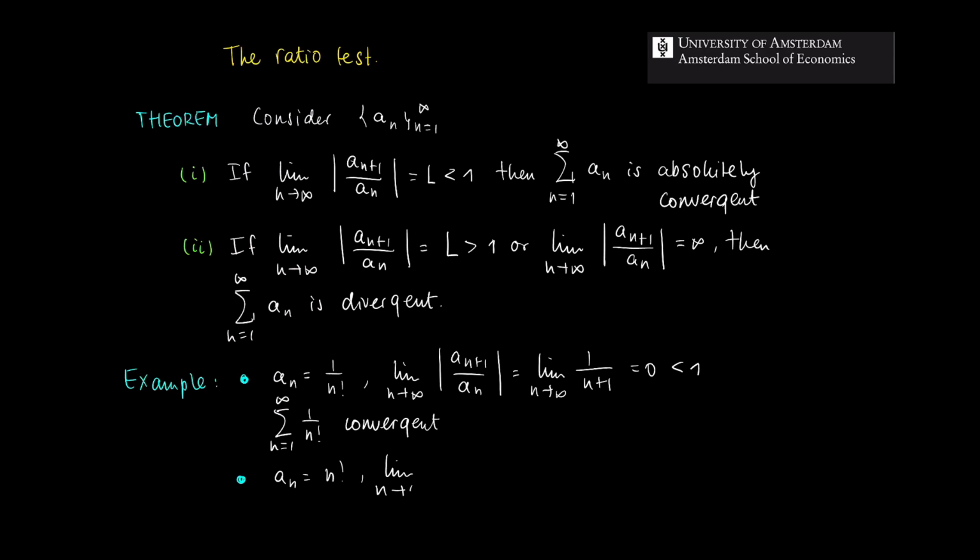So if we just take the limit of the fraction a_{n+1} divided by a_n in absolute value, well, of course we have positive elements here, so the absolute values are not doing so much. Then the limit for n to infinity of this fraction is the limit of n plus 1, which is clearly infinite. So we conclude on the basis of the ratio test that this series is divergent.